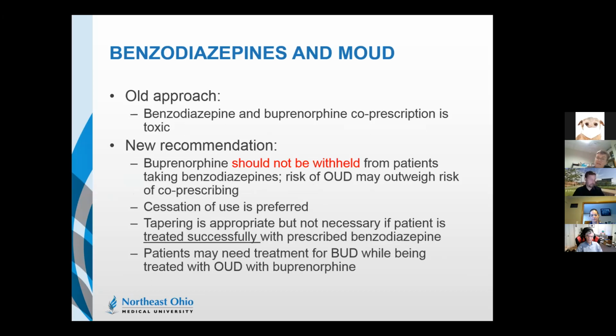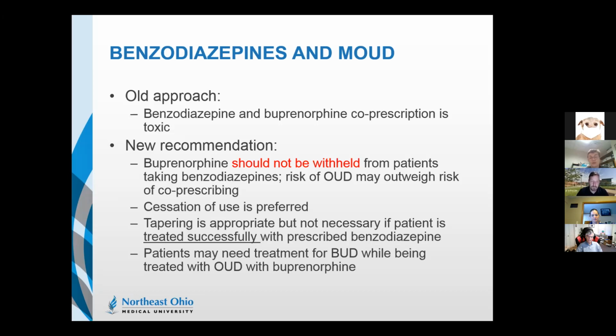What about benzodiazepines? The very old approach was toxic combination. The newer approach, because we now have data, is that using a benzodiazepine does not set the person up for an overdose or for a death, but it does mean that they're likely to have more side effects, like to appear sedated.